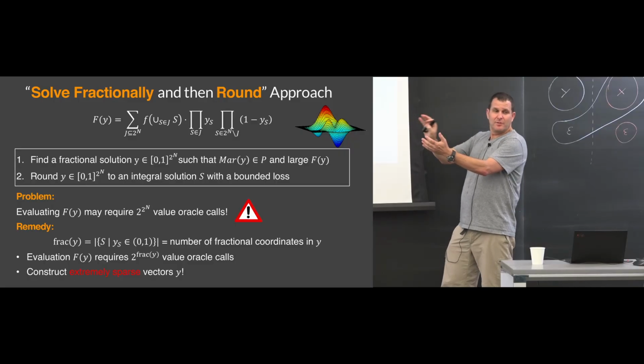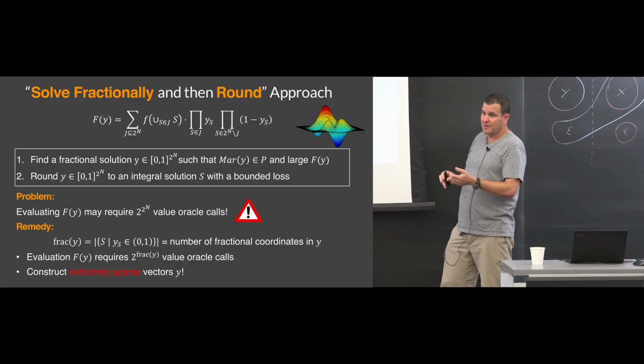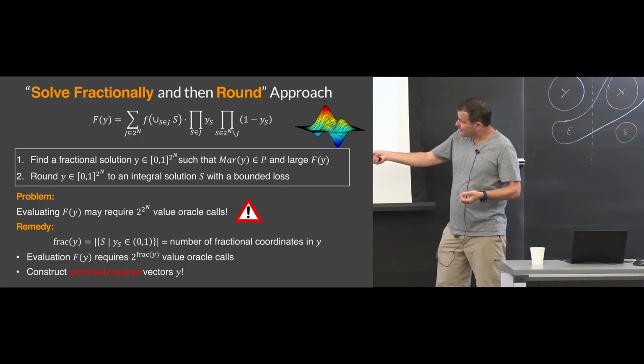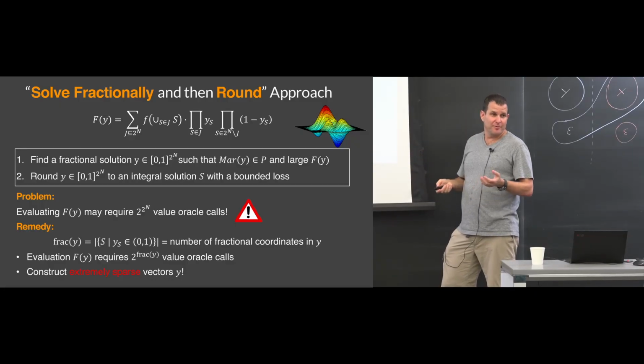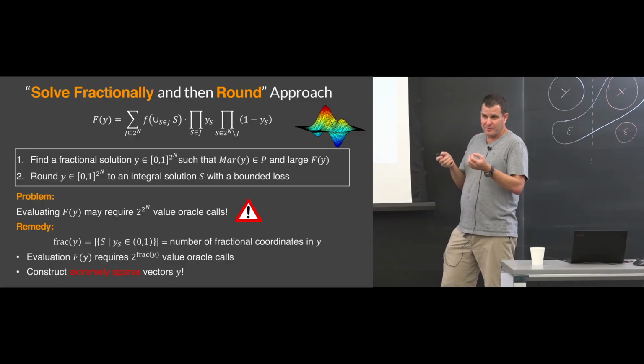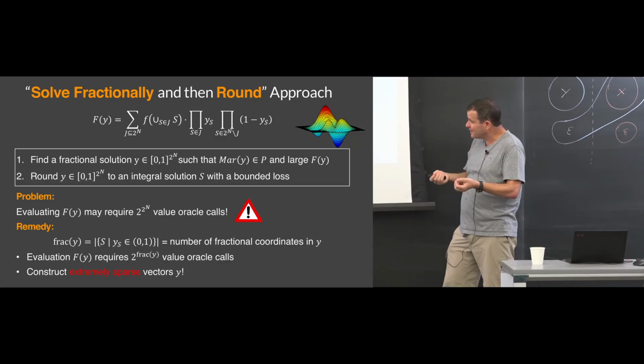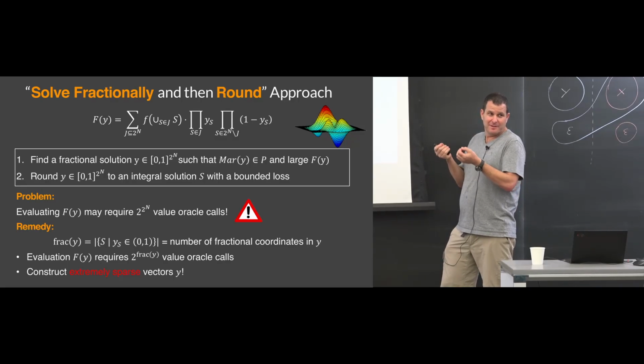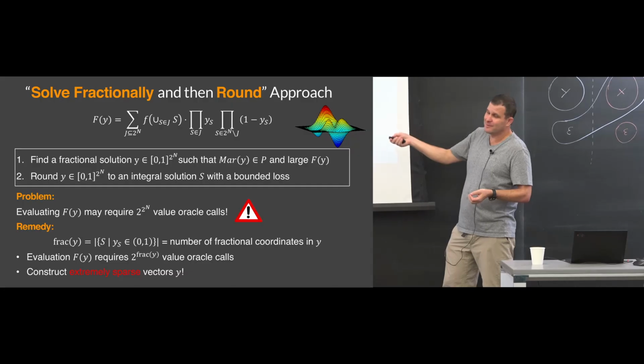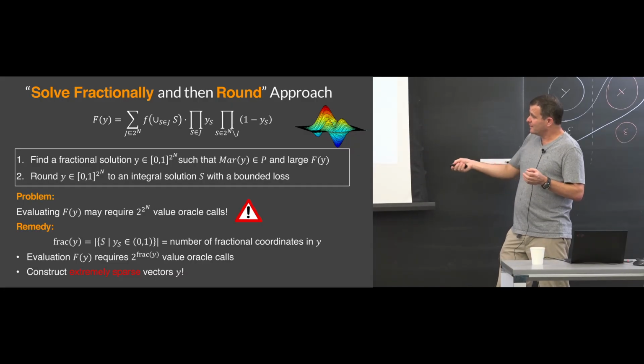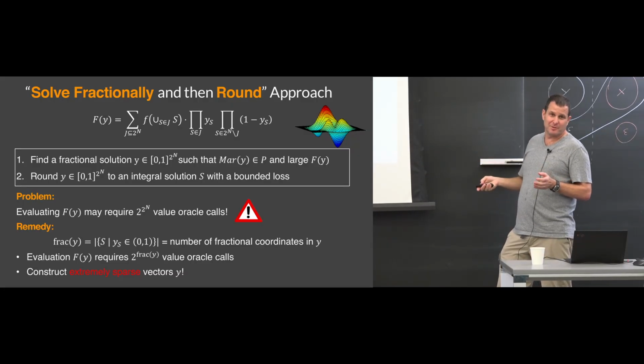All the 1s you take into your sets, all the 0s you can drop, and then you are left with just 2 to the frac of y. So if you could construct vectors that are extremely sparse, this can still be done in polynomial time. So the idea is to construct extremely sparse vectors y.